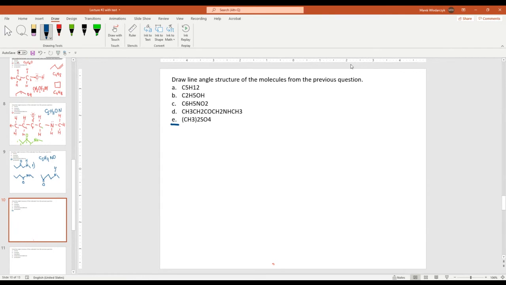You are talking about the constitutional isomers, yes? For the constitutional isomers, you just need to look at the first structure you were able to draw and see if you can rearrange it so that it has the same molecular formula but a different shape, basically different arrangements of the atoms in space.